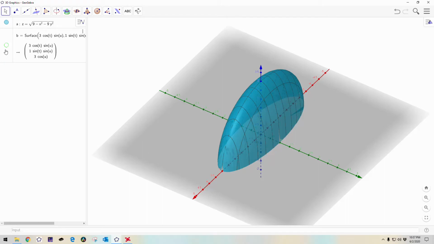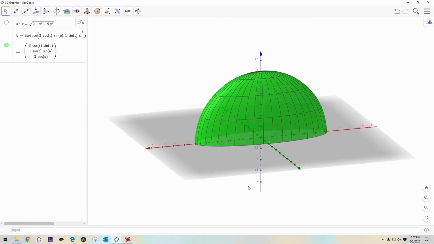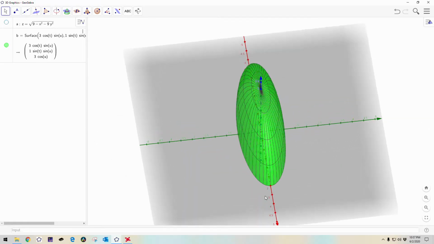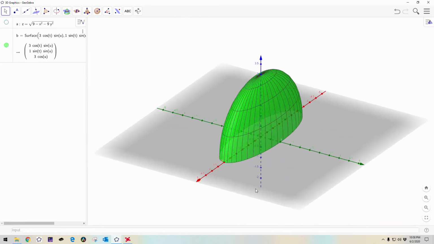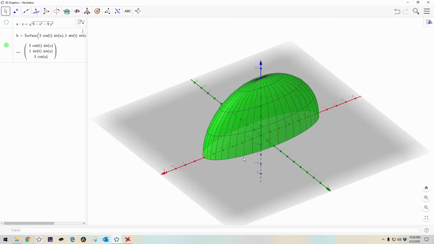I also have it in parametric form using spherical coordinates. You can see that it is actually the same shape. It's just a little smoother when you do it in parametric, that's all. And again, the domain is that ellipse, right? And as you can see, the boundary points are part of the graph.